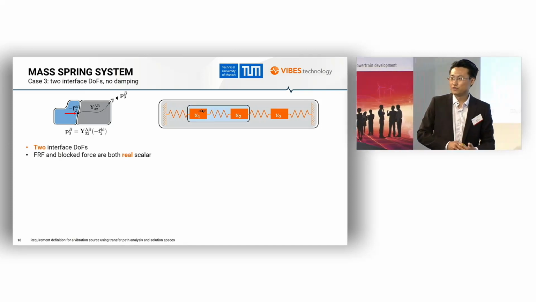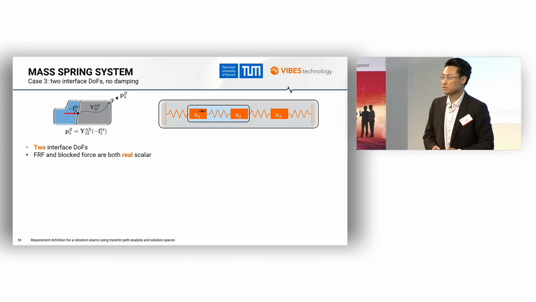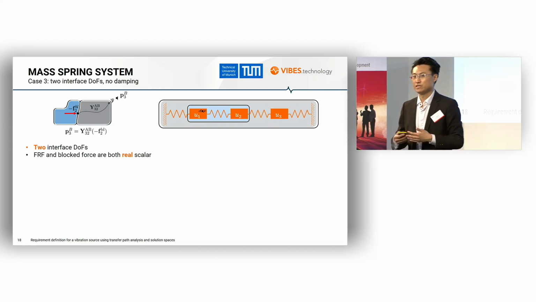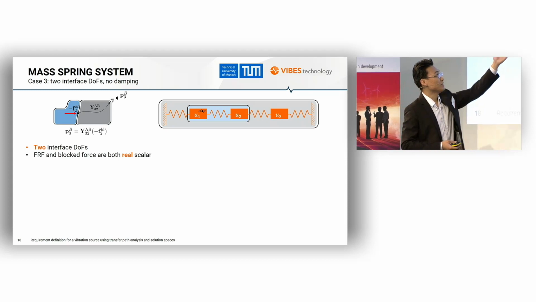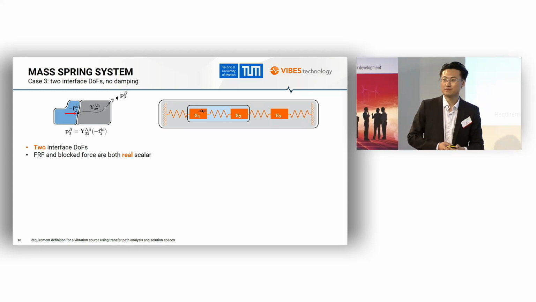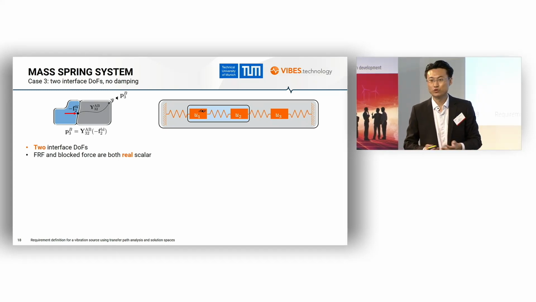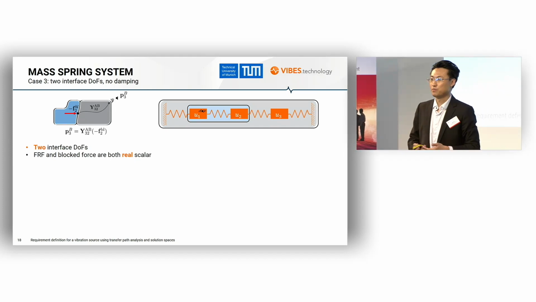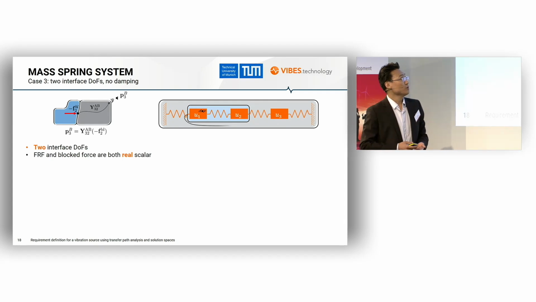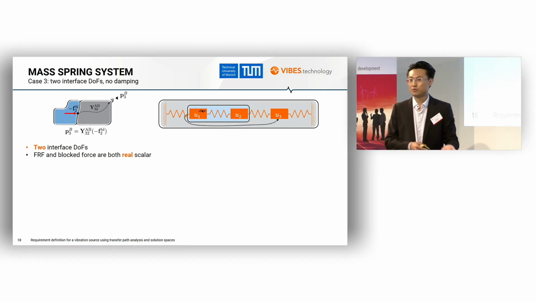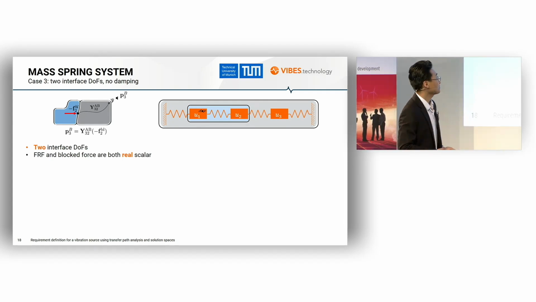So after solving this first issue of complex numbers, we move on to take a look at the issue of multiple interface DOFs. Again, we take this mass spring system as example, but this time we treat U1 and U2 both as the interface. So it means that U2 and U1 both contribute to the noise at the receiver.